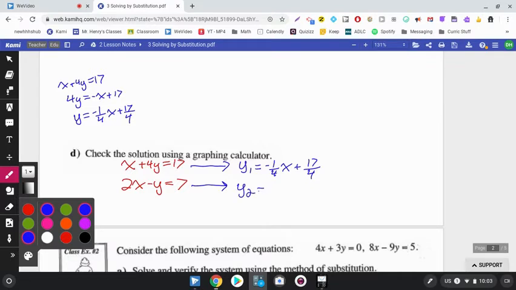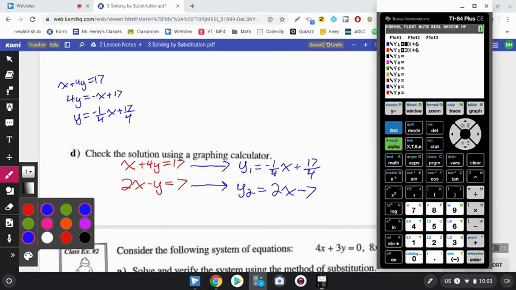This one, we already did this. y equals 2x minus 7. We did that for part B of this question. So as long as I can rearrange these to y equals, I can graph them on my calculator, right? They started like this, but if I turn them into my y1, y2, I can graph them on my calculator.